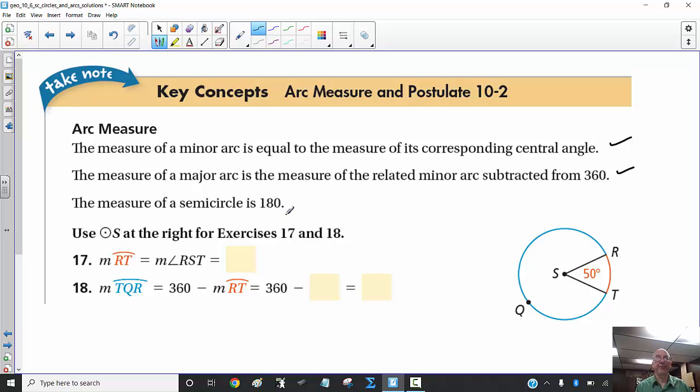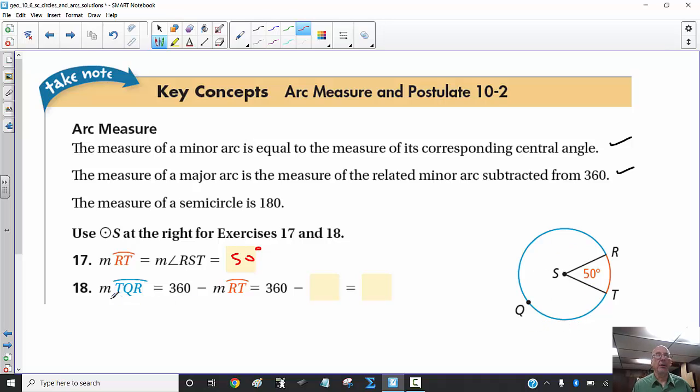Okay, let's go around here. The measure of RT is shown. The central angle is 50 degrees. So the measure of RT is 50 degrees, but so is the central angle RST. We're good.